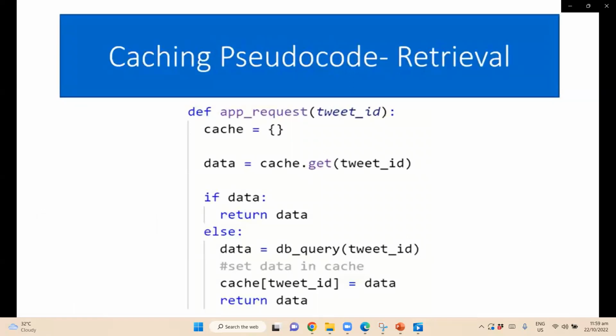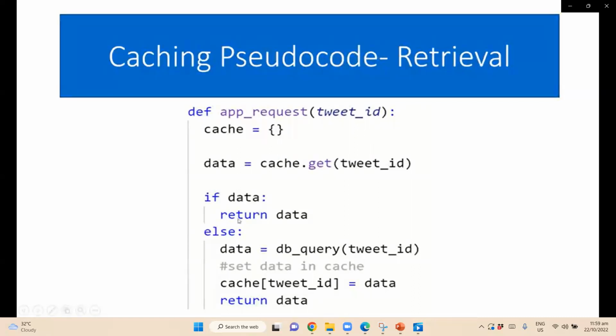Here's some pseudocode with Python, kind of simulating how you use a cache in your application. In this case, we're just using a built-in dictionary or hash table to simulate this, because that's what a cache really is. Like Redis or Memcached, it's essentially just a giant in-memory hash table. So you see we got our cache, we look up a key value, in this case it's a tweet, so we look up that tweet ID.